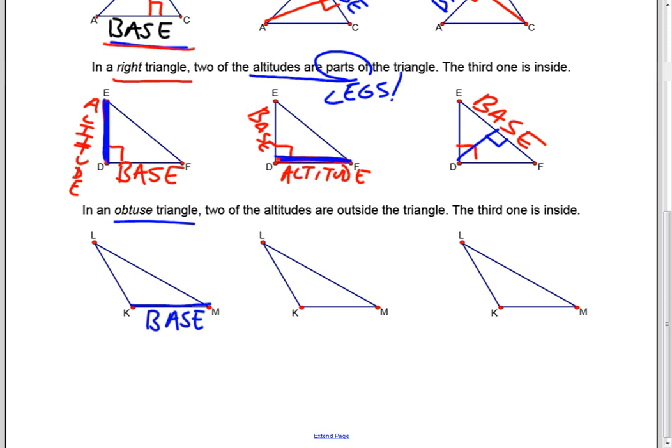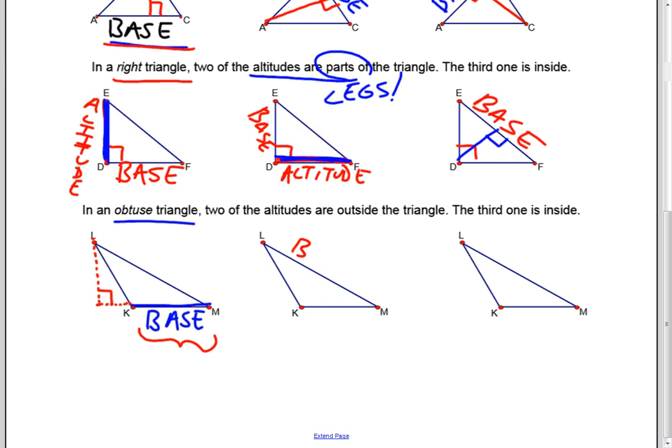You'd have to drop an altitude down to here, which means that you extend what you consider to be the base in order to see the right angle. The base is still only this distance. Just because we extended it doesn't mean we included it in any calculation work. It's just to see where my right angle is.